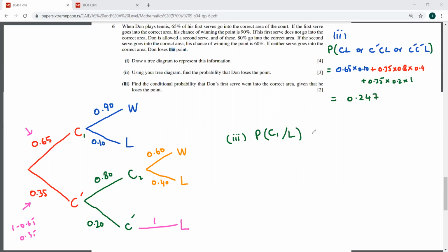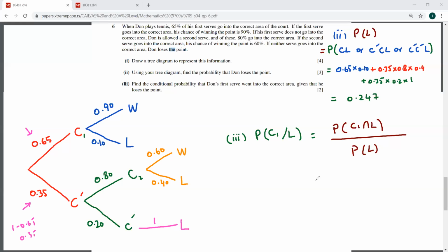So the answer, if we apply the formula, keeping it really simple, would be the probability of C1 and losing over the probability of losing. That was the probability of losing that you've already calculated in the second part.